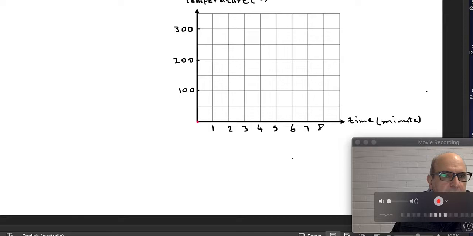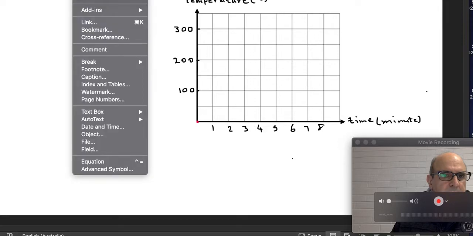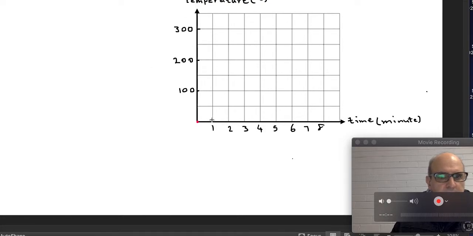So what we do is graph these results. 0, 0, and then time 6, temperature 300.